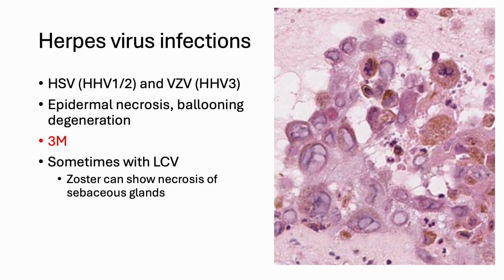Next is the herpes virus infection. The common ones include HSV1, HSV2, and VZV, and also HHV8. In the human body, usually HSV1 infects anything above the umbilicus, and HSV2 usually infects the genitalia, which is below the umbilicus.